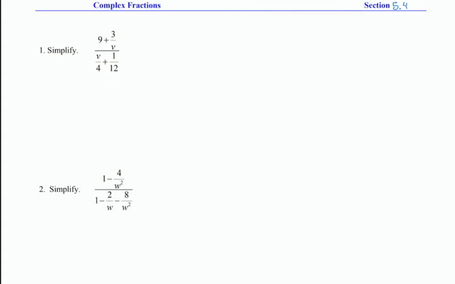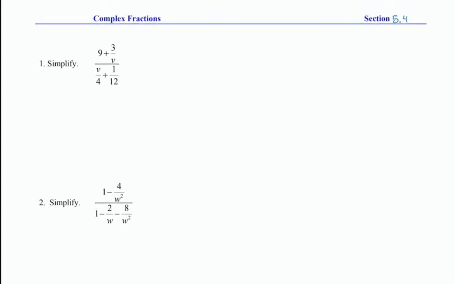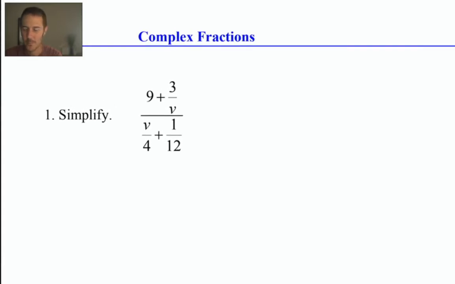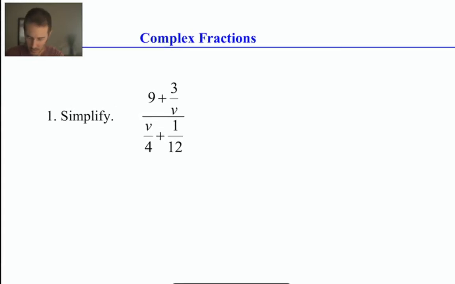To get this process started, the first thing I want to point out is that we have multiple numerators and multiple denominators. What I like to do is call this my big numerator and this my big denominator.